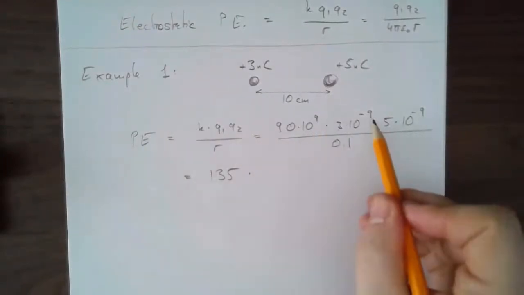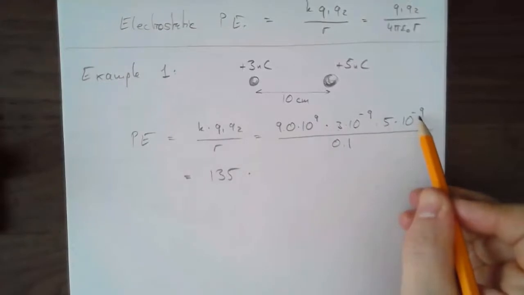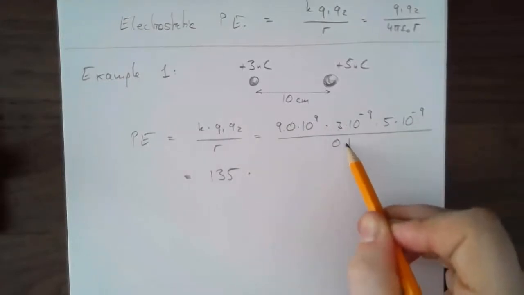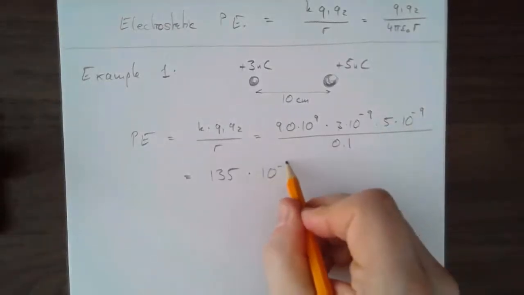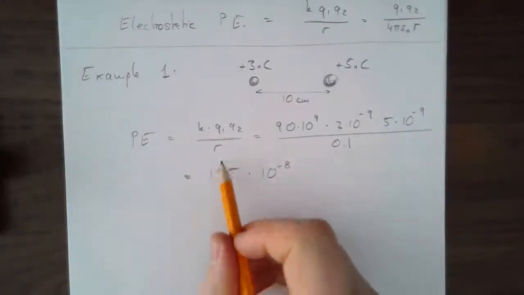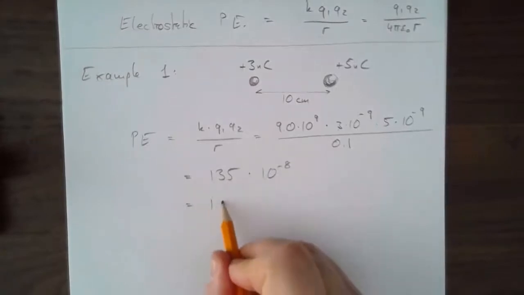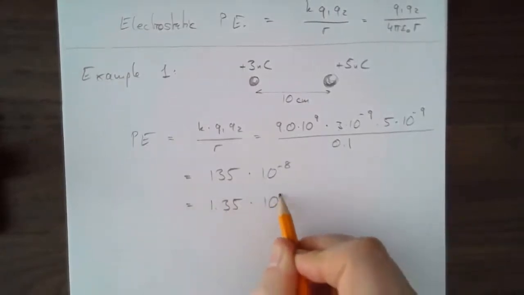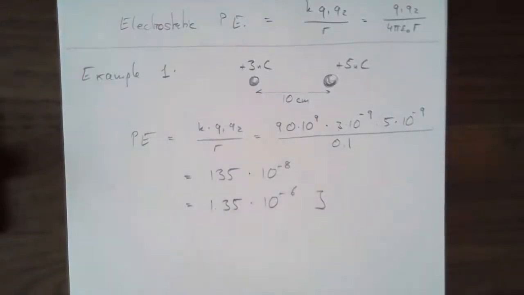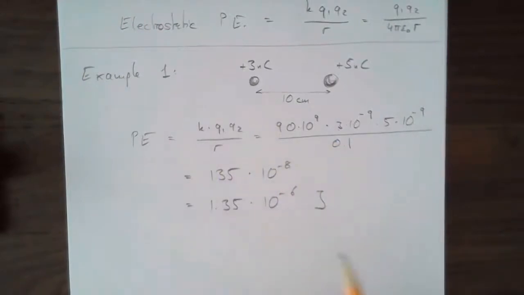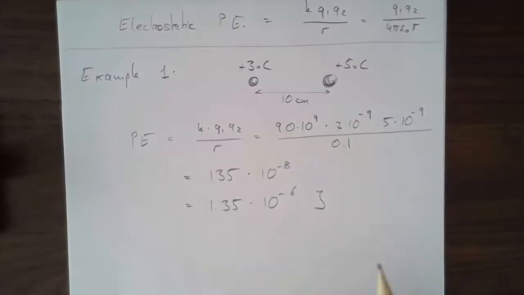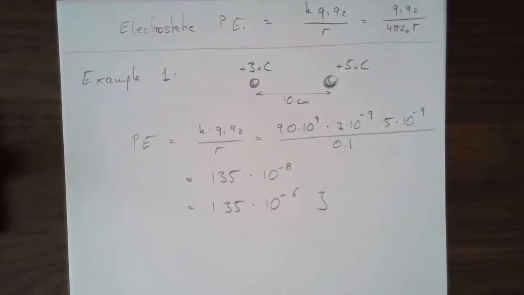Then I have 10 to the 9 times 10 to the minus 9, those cancel out. 10 to the minus 9, but then I get 0.1 down here, that's like a factor of 10 at the top, so 10 to the minus 8. And if I want to write this in standard notation, I get 1.35 times 10 to the minus 6 joules, because if everything is in standard SI units, you're going to end up with joules. Okay, and we're done. That was our first example.